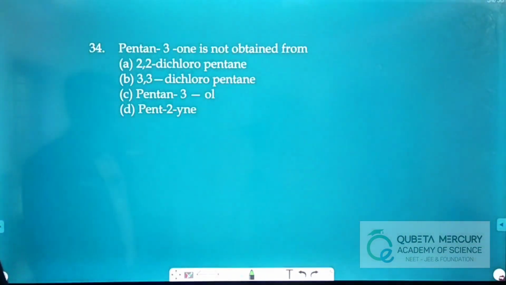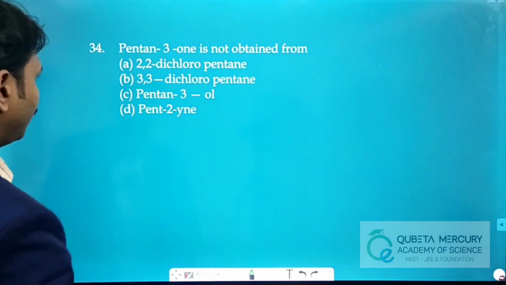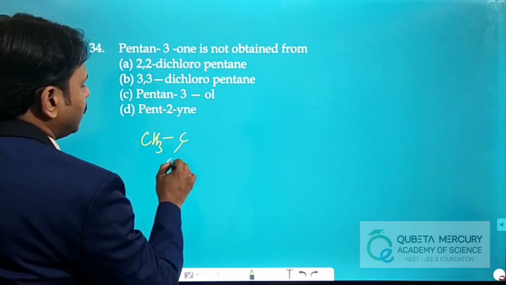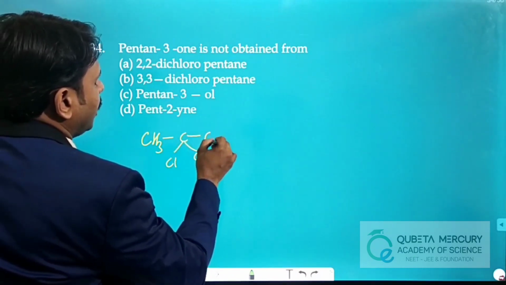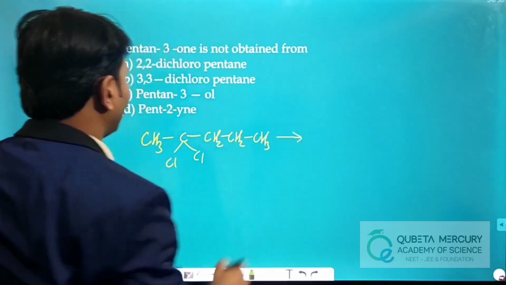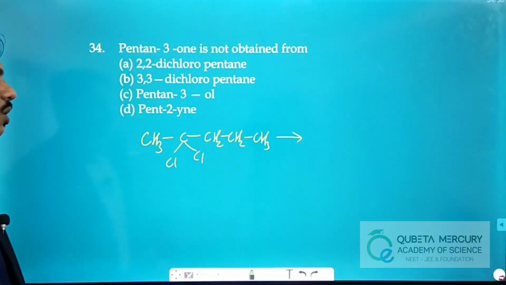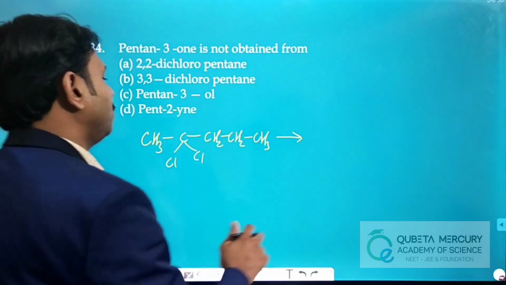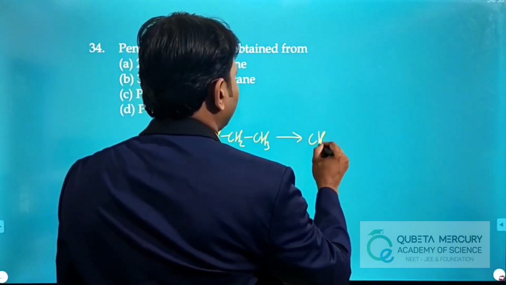Moving on. Pentan-3-one is not obtained from 2,2-dichloropentane. See, 2,2-dichloropentane means CH3CCl2CH2CH2CH3. On hydrolysis, this chlorine will get substituted by OH, and two OH cannot be on the same carbon, that will be changed into ketone.